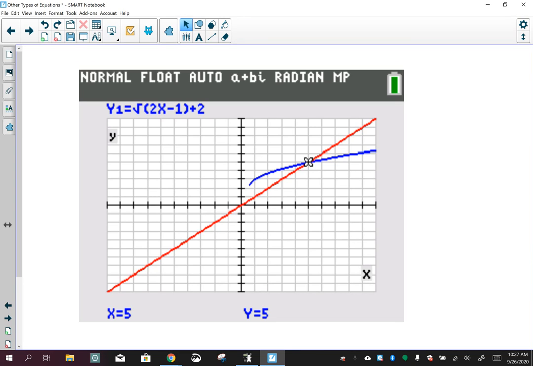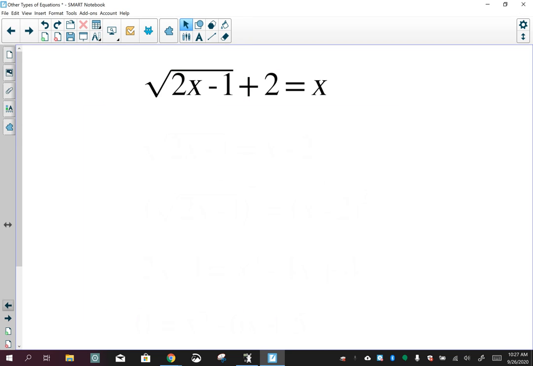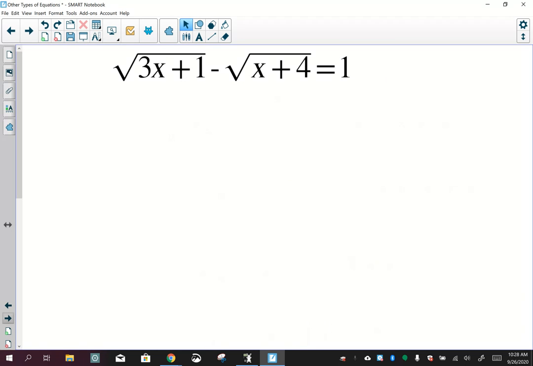All right. So now we've looked at equations where you only have one radical on one side. But what happens when you have problems that look like this? We're going to have to go through this whole entire process a couple of times.